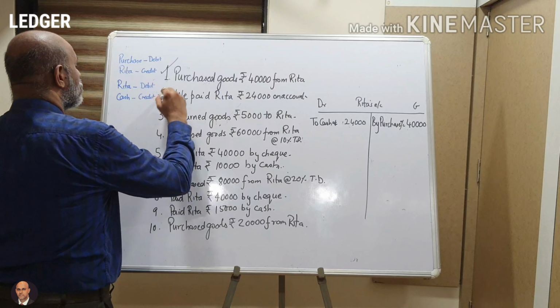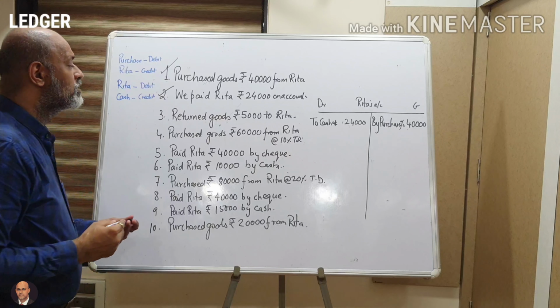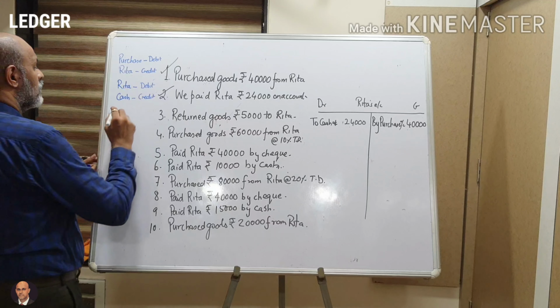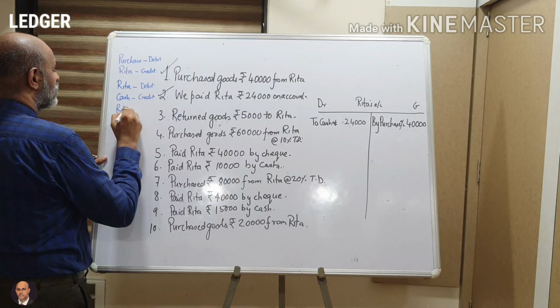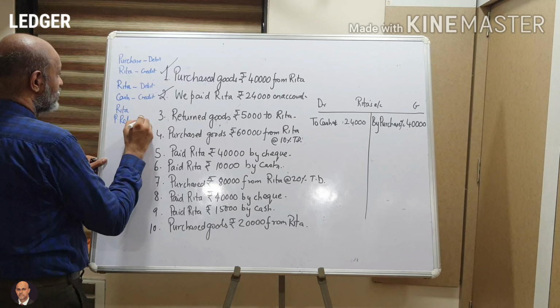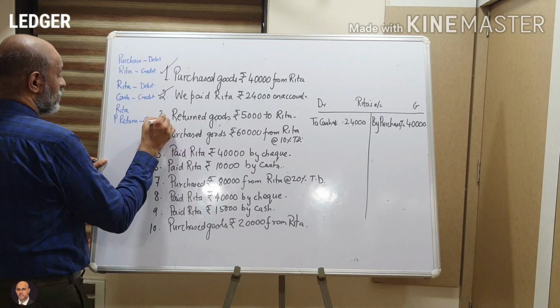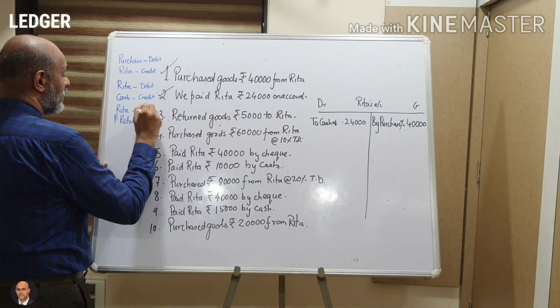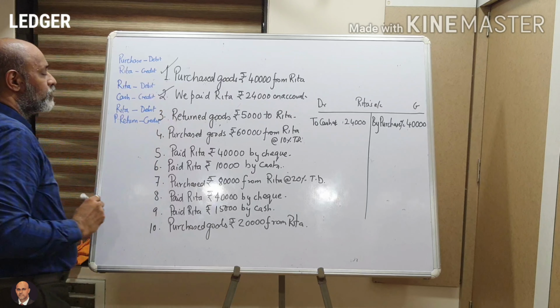Returned goods rupees 5,000 to Rita. So Rita is the receiver, and this is purchase returns. Purchase returns is credit. Rita is a personal account, so debit. She is receiving the goods back from us.